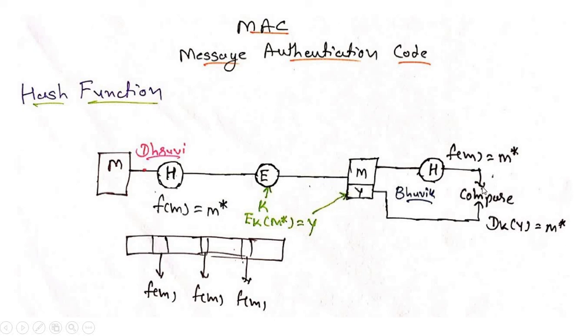Suppose Bhavik gets the same result in both cases, it means Bhavik is able to know the authenticity of the message: this message was sent by Dhruvi and there is no modification from intermediary nodes, hackers or malicious users. So that is all about hash functions.